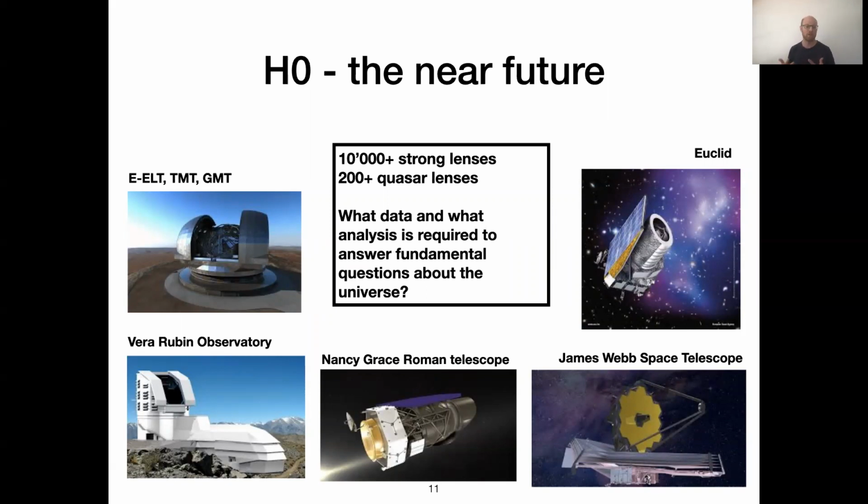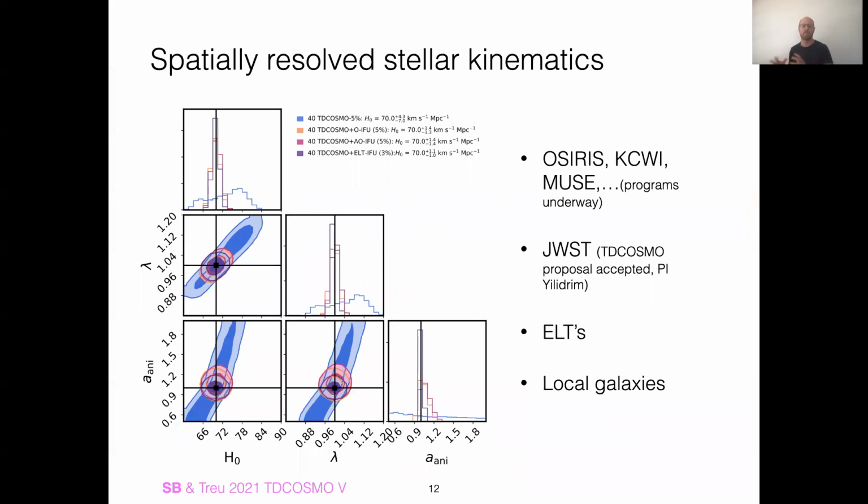And there are various surveys and capabilities available or becoming available very soon to do so. One thing we looked at quickly after TDCOSMO 4 came out is an investigation within the same framework: what do future facilities, in particular the James Webb Space Telescope, spatially resolved kinematics, or the ELTs, provide us in constraints?